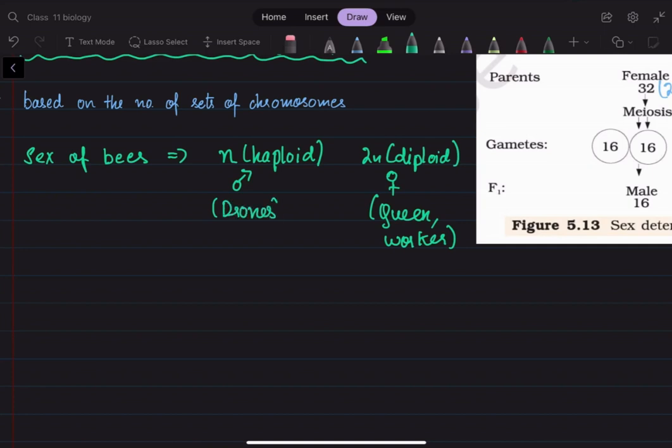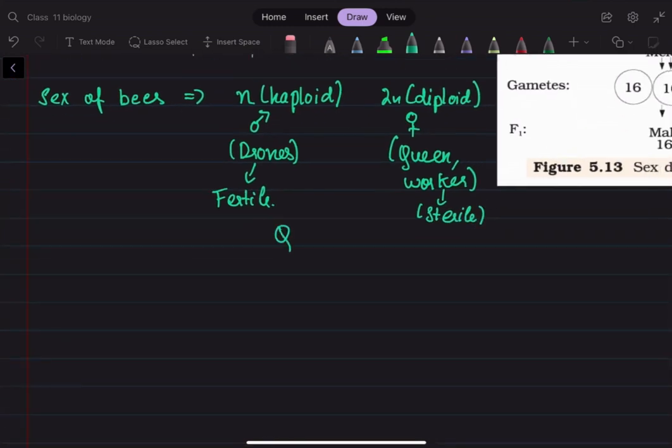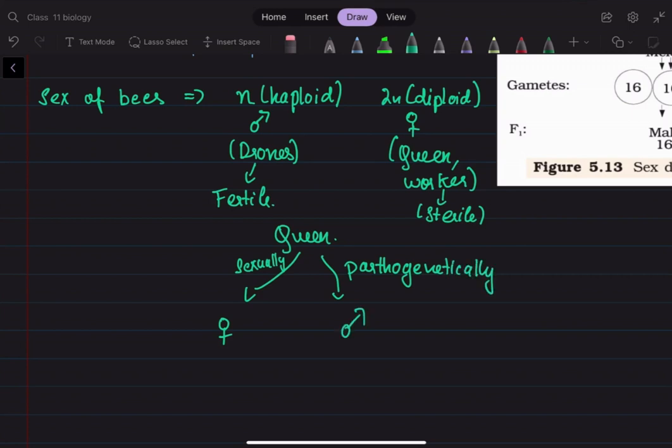The drones are fertile, whereas the worker bees are the ones which are sterile. So basically what the queen bee does is it reproduces sexually to give rise to a female, and parthenogenetically to give rise to a male.